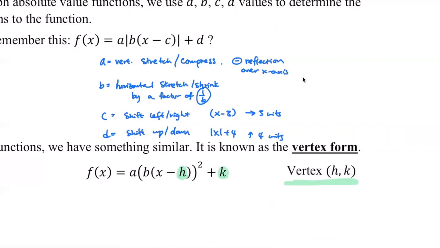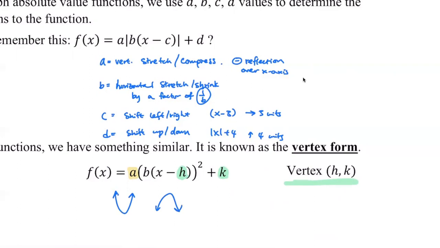One thing I do want to emphasize a little bit more is the A value here. It is the same A value that we saw in the root form and also the standard form. They meant the same thing. And so if A is positive, then we have a parabola that's opening up. If A is negative, you can say it's reflected over the x-axis, or you have a parabola that's opening down.